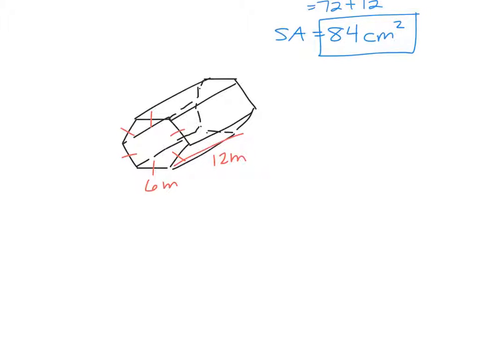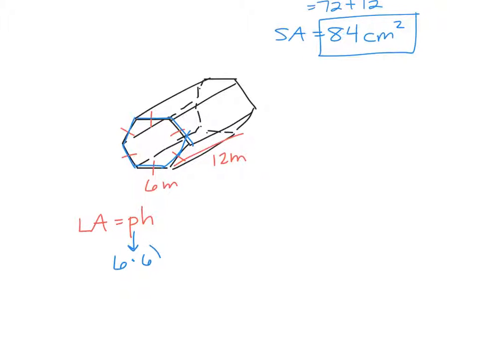So start with the formula. Lateral area is the perimeter of the base times the height of the figure. What is our base right now? What shape? It's a hexagon. So what is P? 6 times 6. You have a hexagon. 6 times 6 will get you the distance around that hexagon.